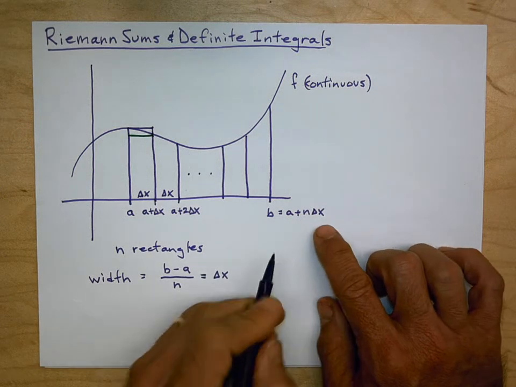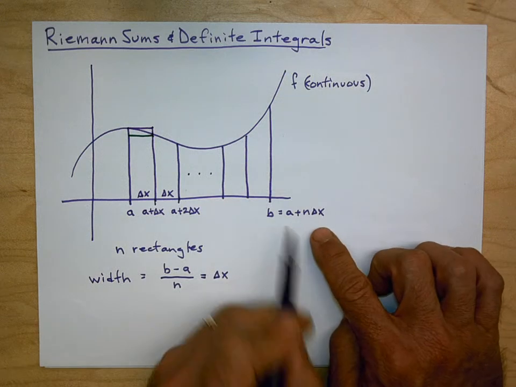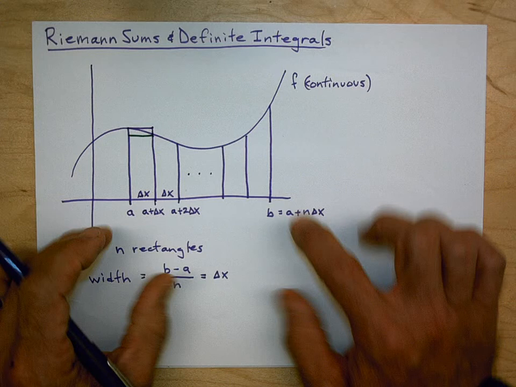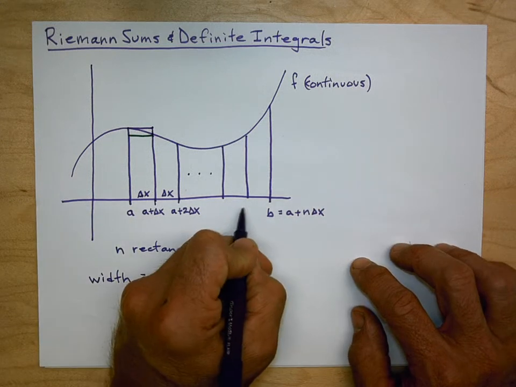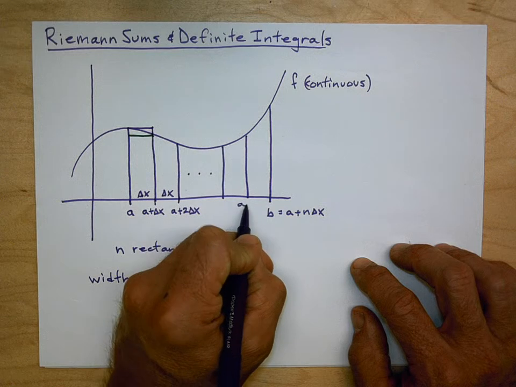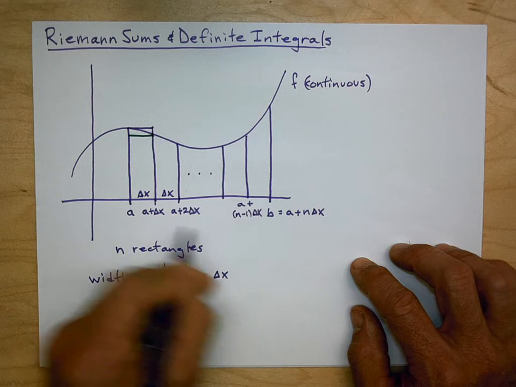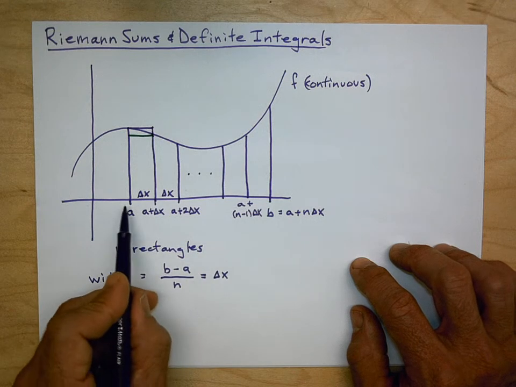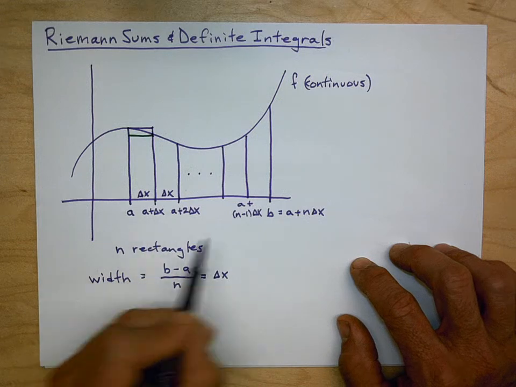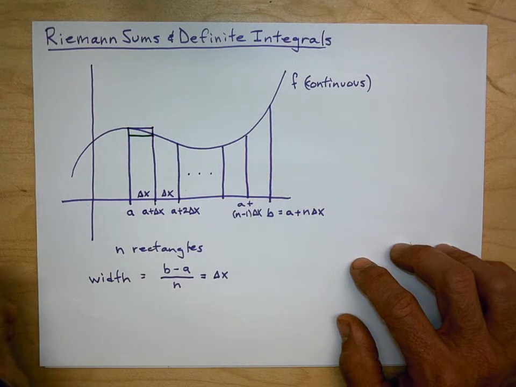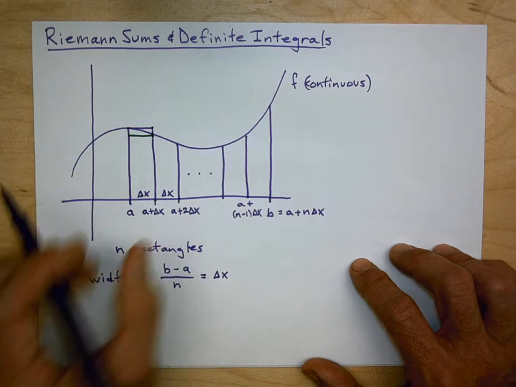In other words, since each of these is the length of the interval divided by n, if I take n of those and add that to a, I end up with b. Here I would have a plus n minus 1 times delta x, and so on. So the point is we can define the endpoints of each of these rectangles in terms of a and the number of delta x's, which is the width of each rectangle.